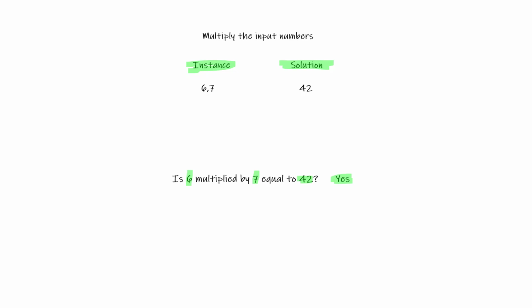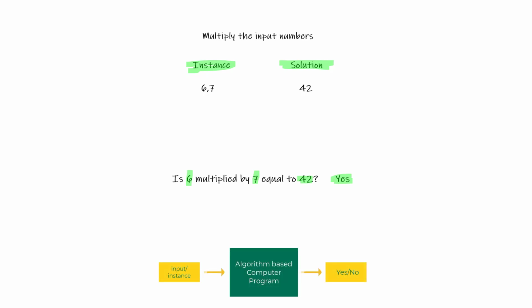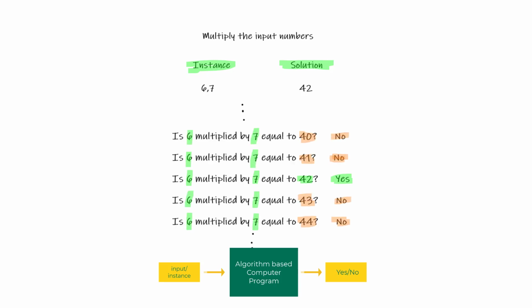We can draft it as, is 6 multiplied by 7 equal to 42? If the machine is running the correct multiplication algorithm, it would answer yes. If you replace 42 with any other number, the answer for that problem statement would be no. So, we're covering a lot of ground in the theory of computation just by studying decision problems.